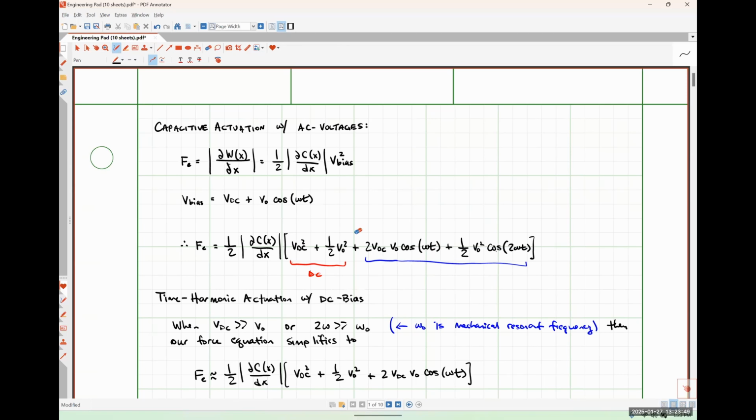I don't want to say that the DC term is noise per se, because it is not noise, but it is making the signal that we're looking for comparatively smaller. So by eliminating that side of things, it makes it a little easier to filter and then amplify the thing that we're actually interested in.